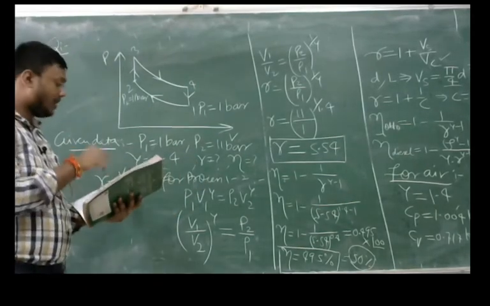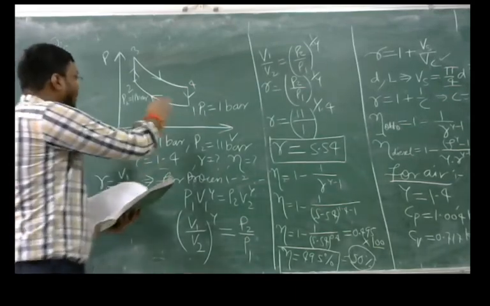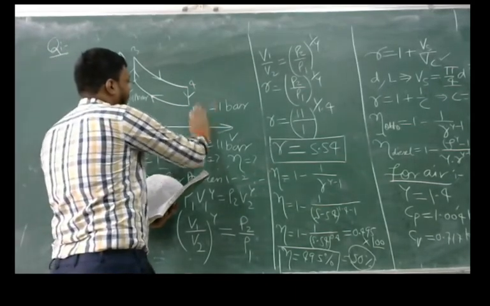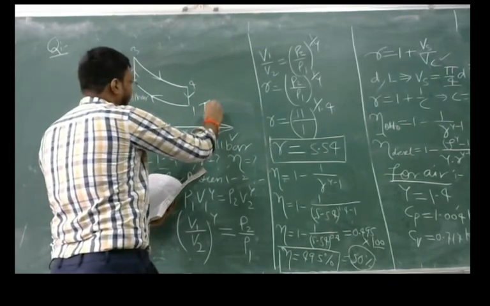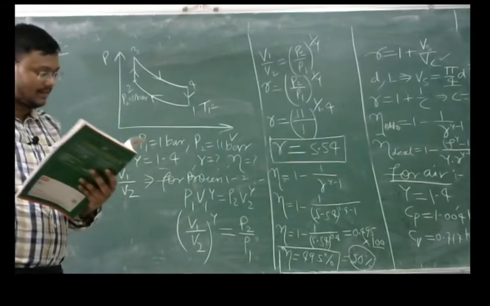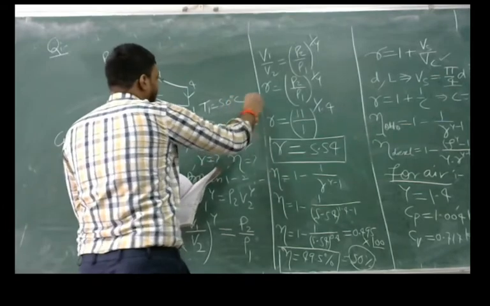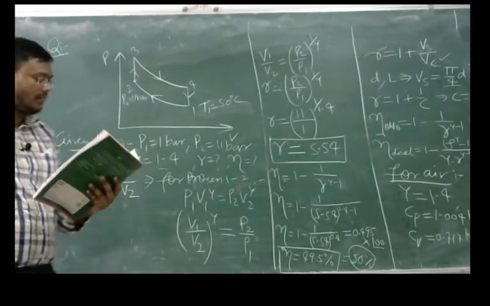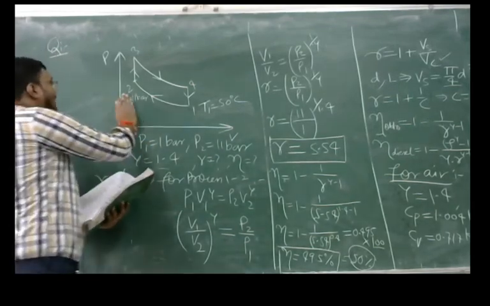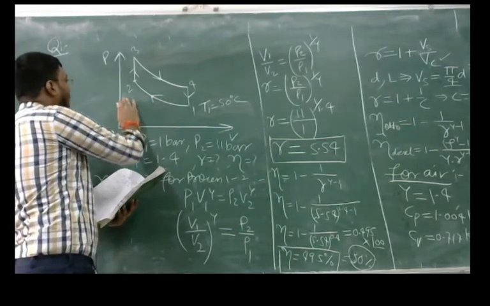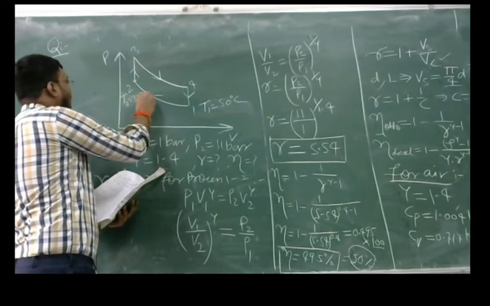At the beginning of compression, at point 1, T1 is given equal to 50 degrees Celsius, and at the end of compression, at point 2, T2 is equal to 373 degrees Celsius.